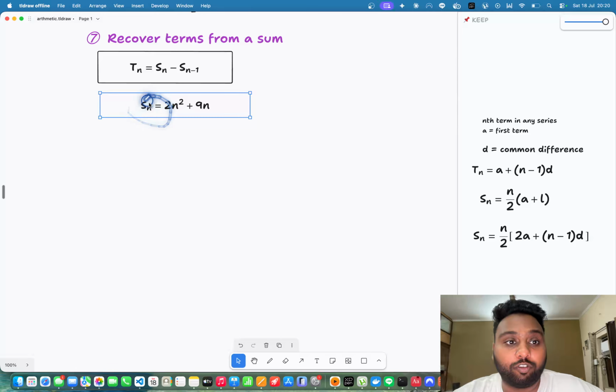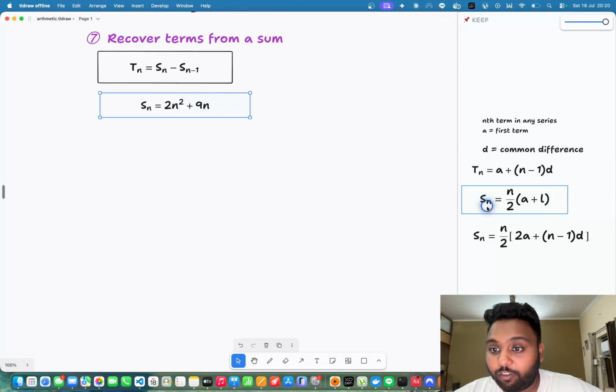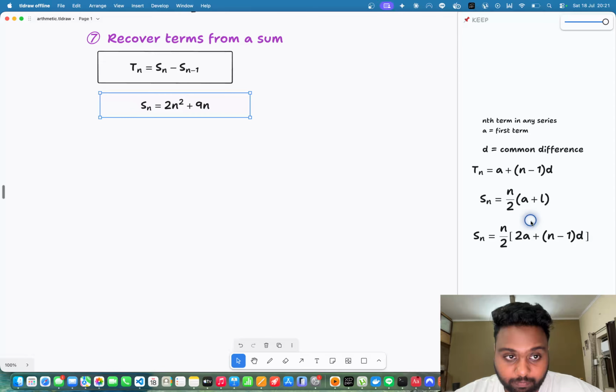They will provide you with S of n, which says that 2n square plus n represents the sum of the series. So the sum of the series is given to us in the form of n. We don't have the value of A, L, D or anything. And using this, we have to derive the value of A and D.